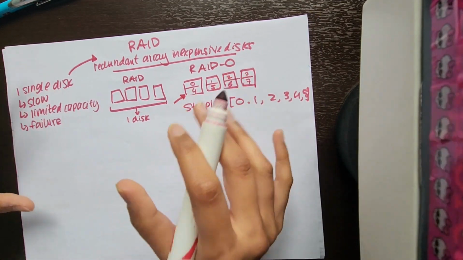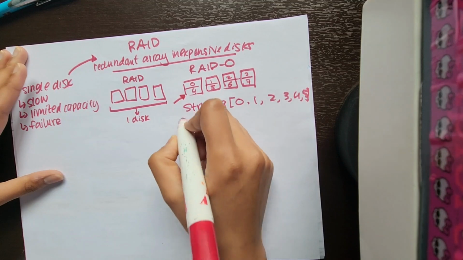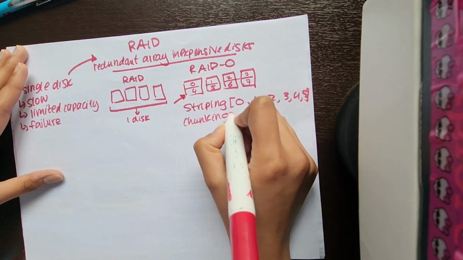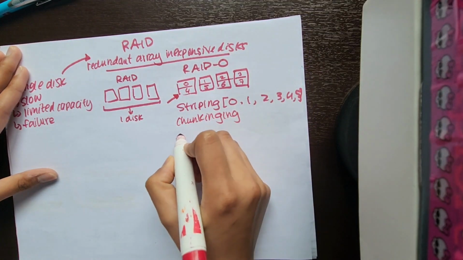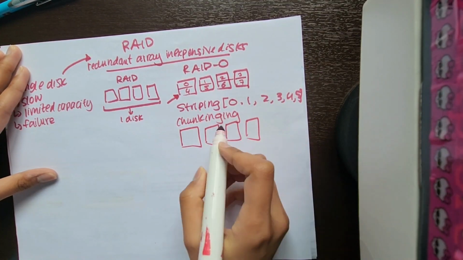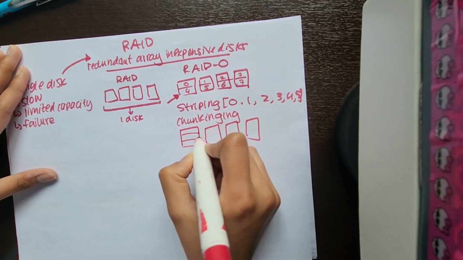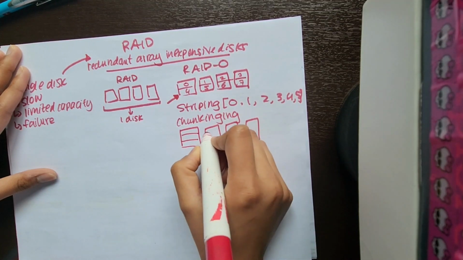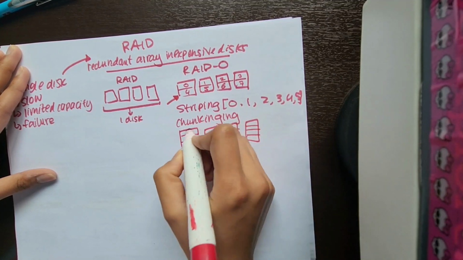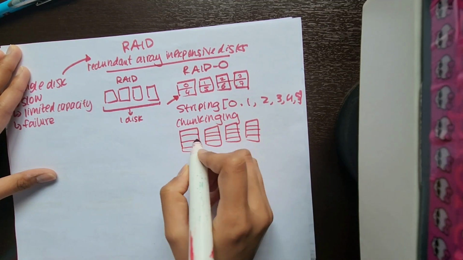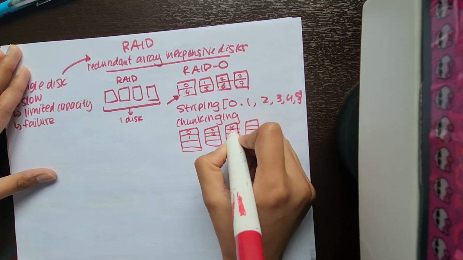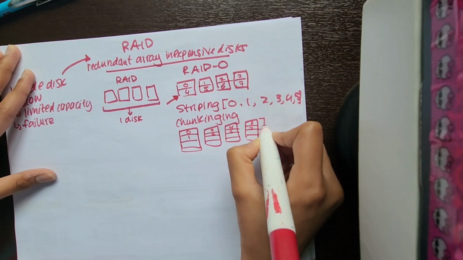You can implement chunking if you would like. Chunking is when, I'll just redraw it, you can ensure that your data is together. Oops, it would be better if we did it in 4s. I think that would make more sense. You could have 0, 1, 2, 3, 4, 5, 6, 7. So this is a data chunk, right?